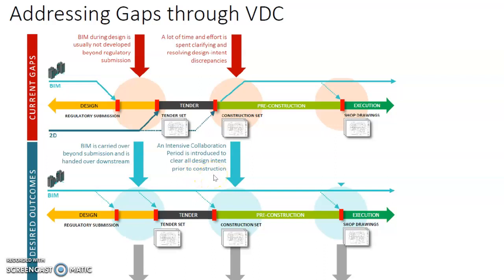Typically when we say that we are using VDC, it will require us to actually build the project two times. Sometimes people will wonder, why are we building our condominium or our project two times instead of once? The reason is that the first time we are building is in the virtual mode.